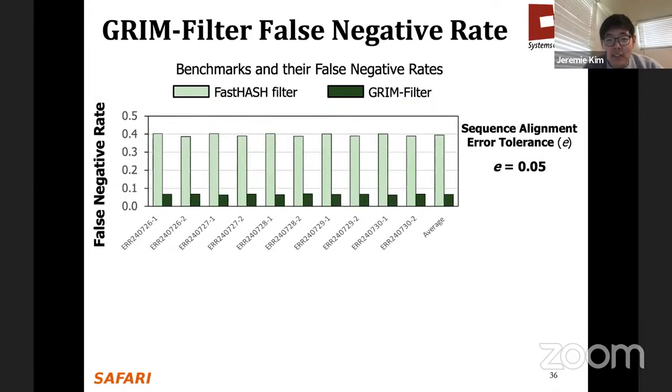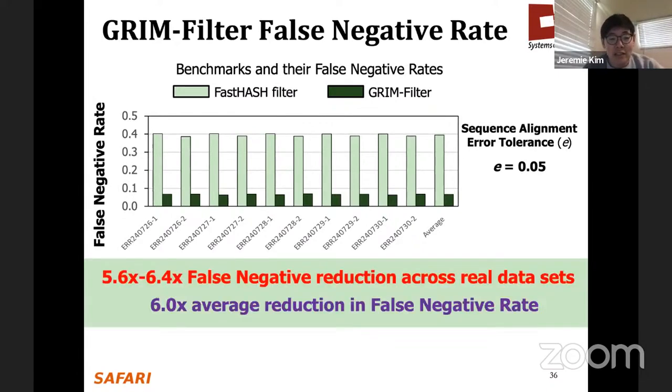So in terms of the false negative rates, where the false negative rates here are on the y-axis, we get up to 6x fewer false negatives, which means that you can check many fewer locations for alignment.